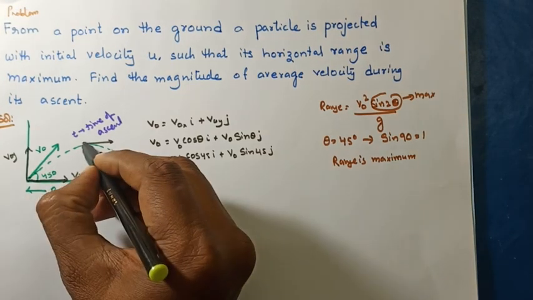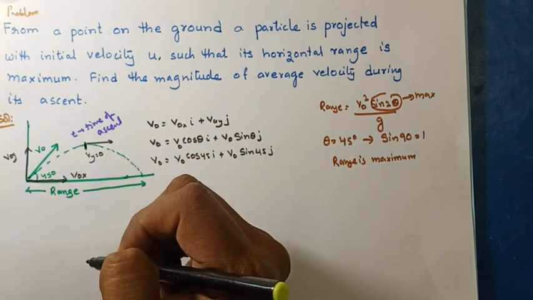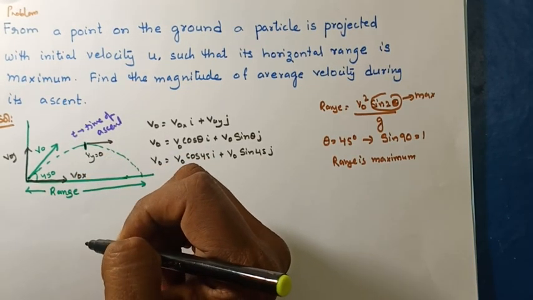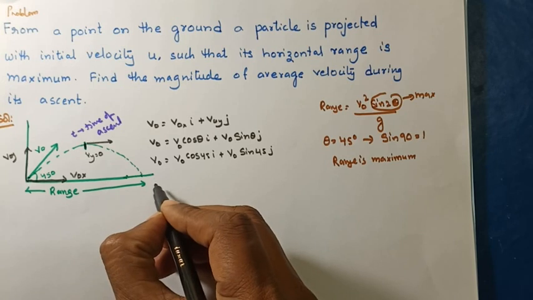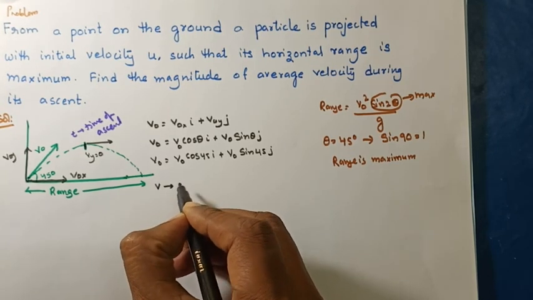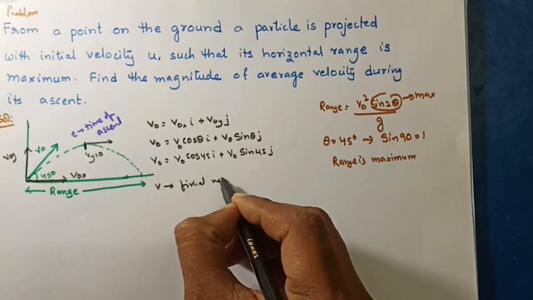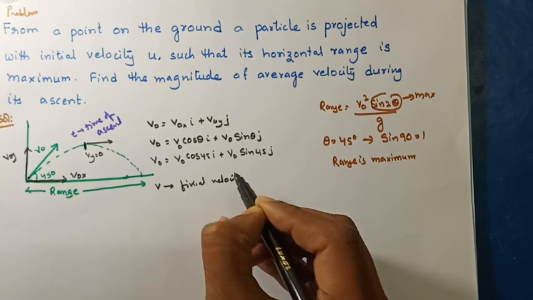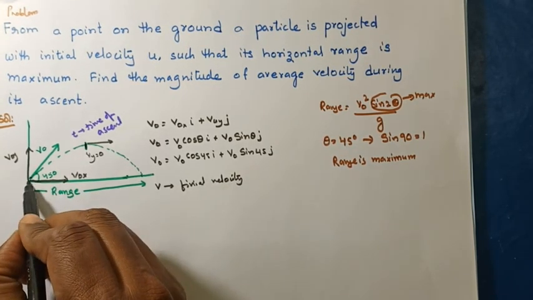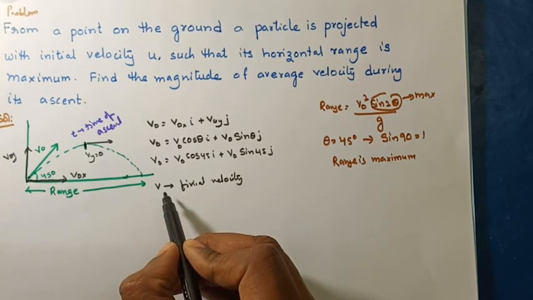Now at this particular point that has been reached at the time of ascent, we will take the velocity as v, let us say the final velocity. That is the second point. This is called the initial velocity, this is the final velocity.